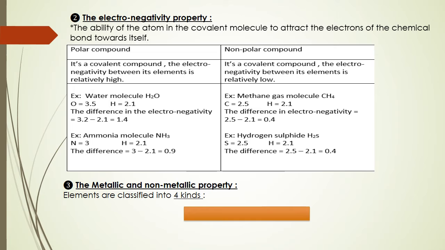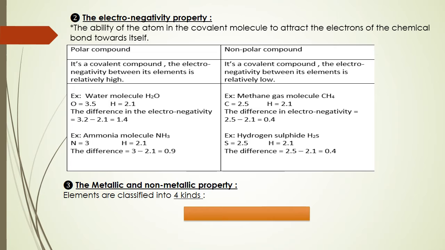So if we talk about water, H2O, we have two hydrogen atoms and oxygen, and the three atoms are linked together. Oxygen has the ability to attract the electron 3.5, and hydrogen has the ability to attract electrons 2.1.